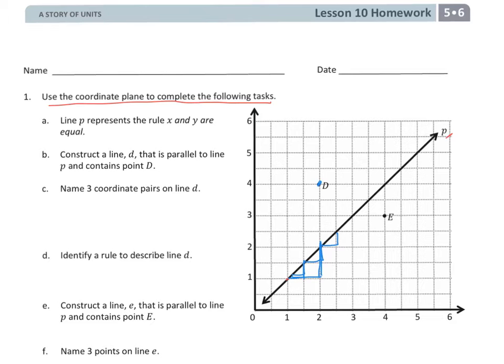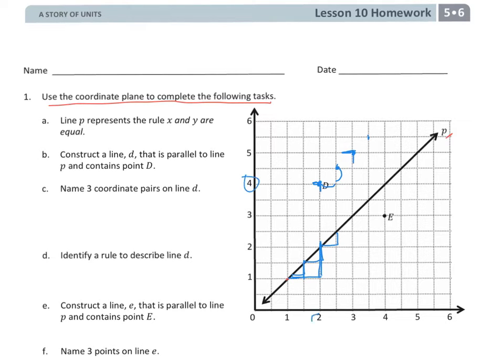So if I want to go from D, I want to go over 1, then I have to go up 1. And I can see that I'm going to hit every one going diagonal. My point right here, 5 and 3, I was at 4 and 2.